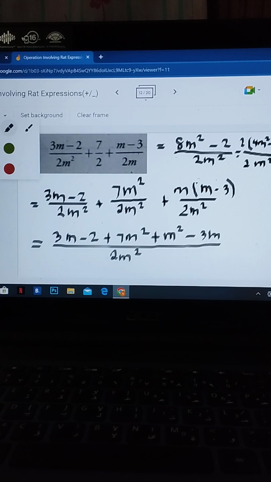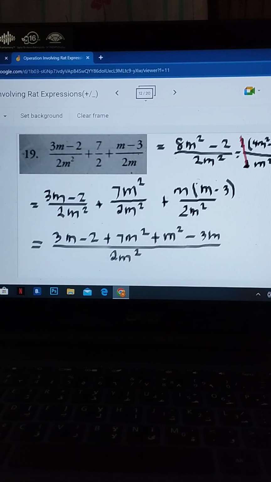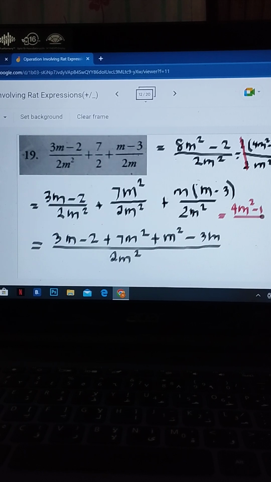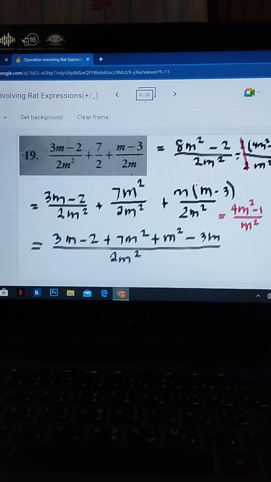So we cancel the 2. So the final answer now is 4m squared minus 1 over m squared.